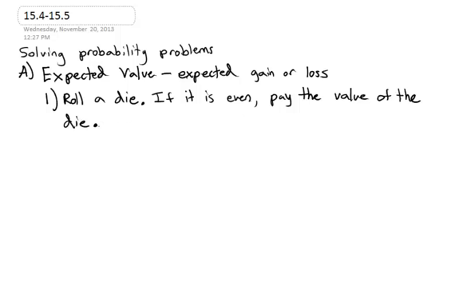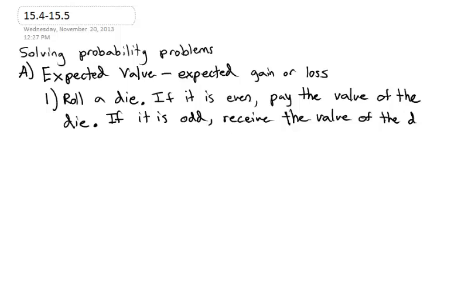So if you roll a 4, you pay me $4. If it is odd, you will receive the value of the die. So if you roll a 5, I pay you $5.